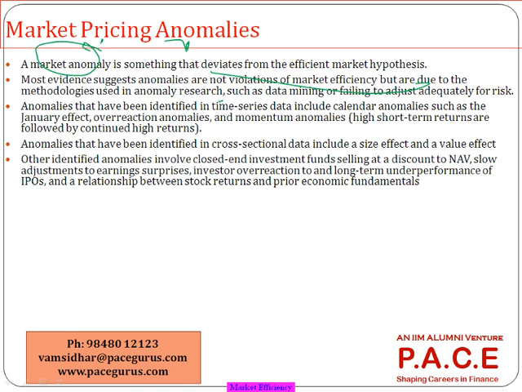So what we are saying, they are not violations, but, the general thing is, there could be some kind of calendar anomalies. A simple example to start off with is overreaction anomalies.